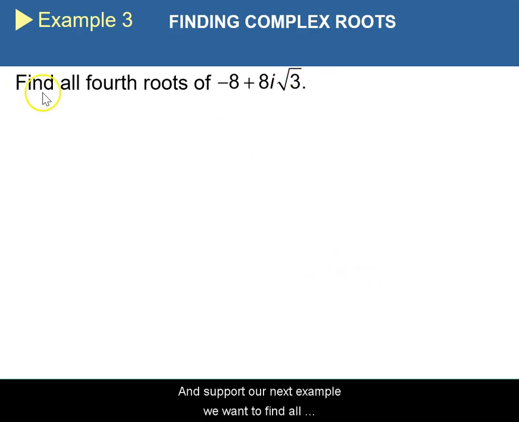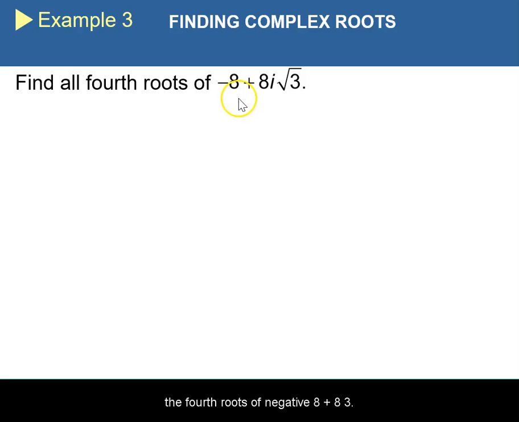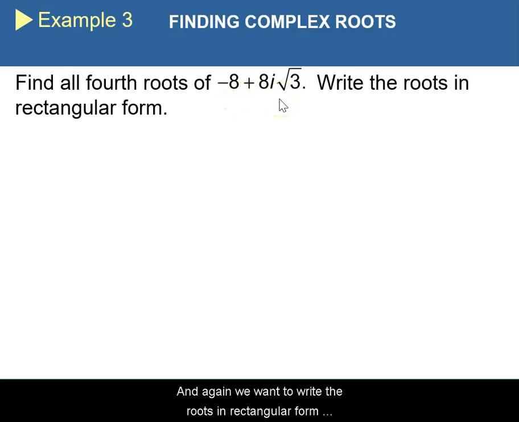Okay, for our next example, we want to find all the fourth roots of negative 8 plus 8i root 3, and again, we want to write the roots in rectangular form. This one is a little bit more work, because instead of finding 2 roots, we're going to find 4, but it's the same thing.